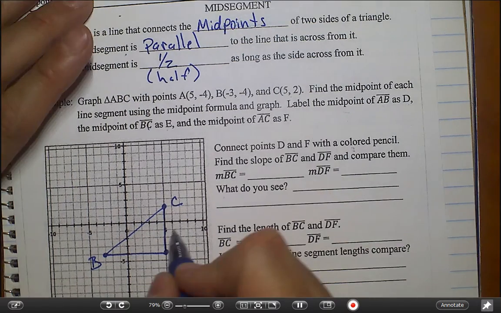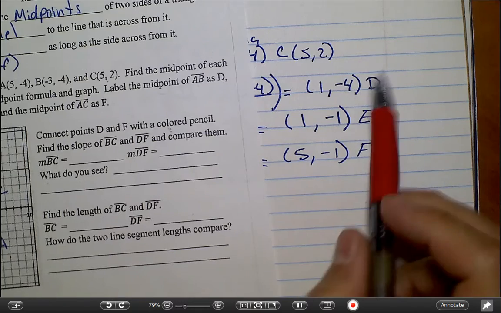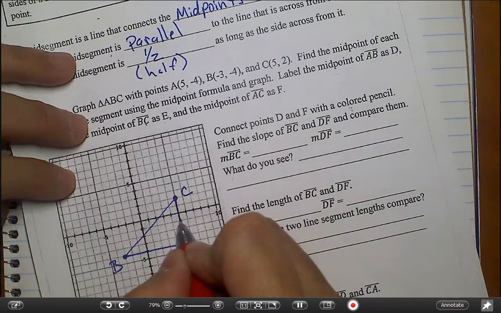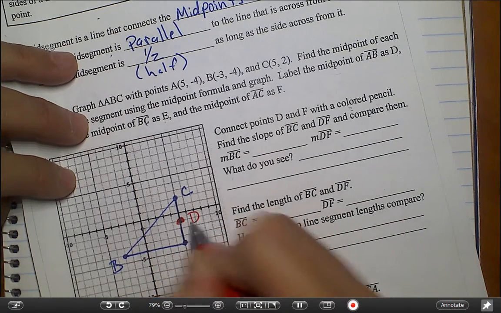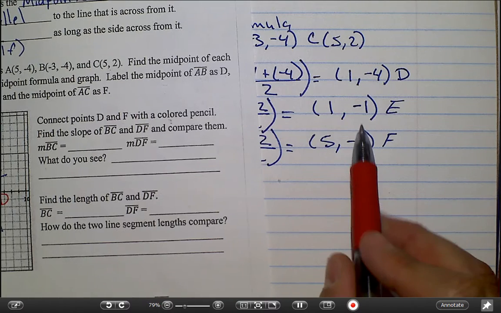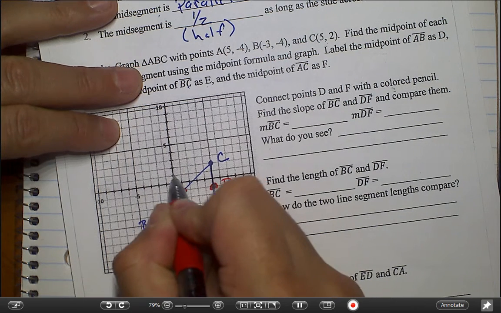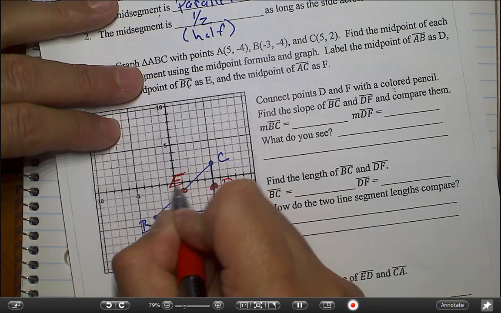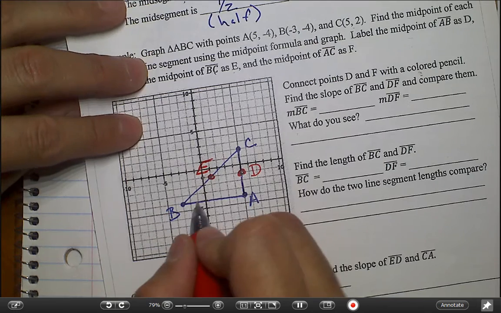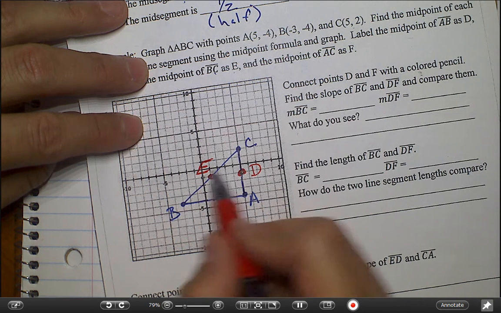Okay, so let's go ahead and put those on here. I have -4 is going to be my D. This is D. The next one is going to be, let's see, -1 is E. There's E. And then 5, -1 is F. Five, -1.